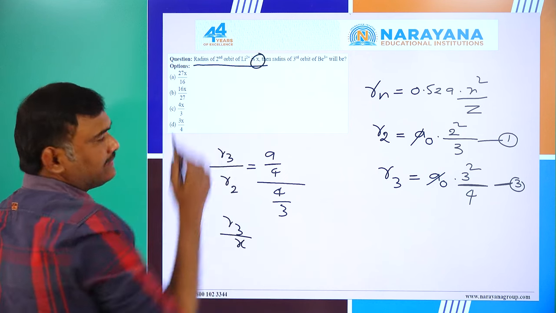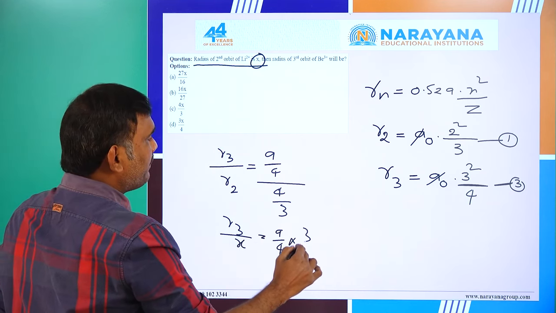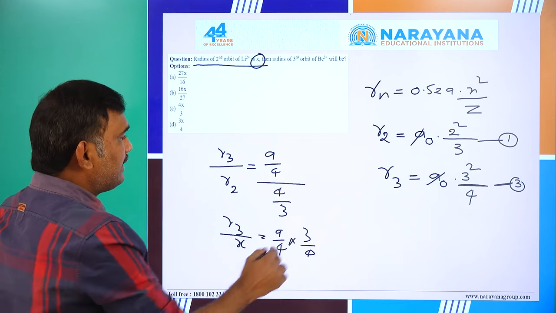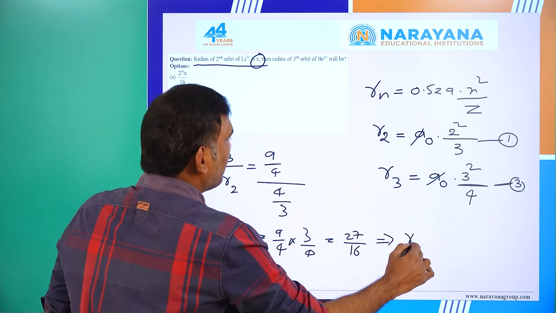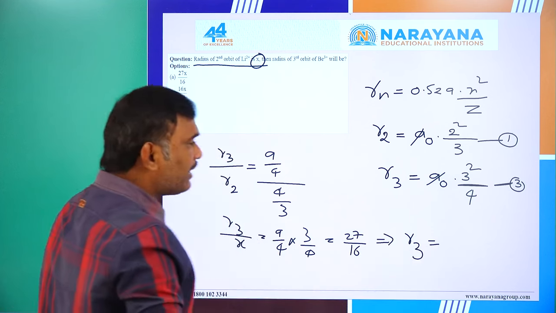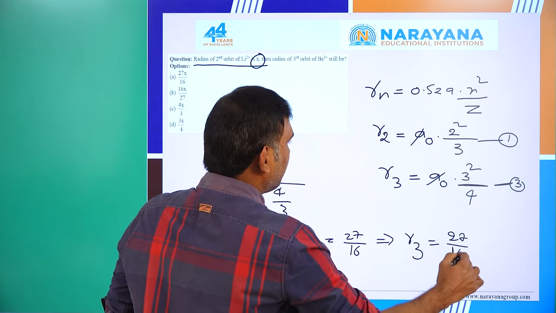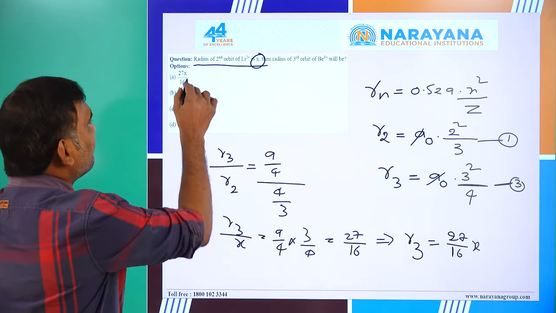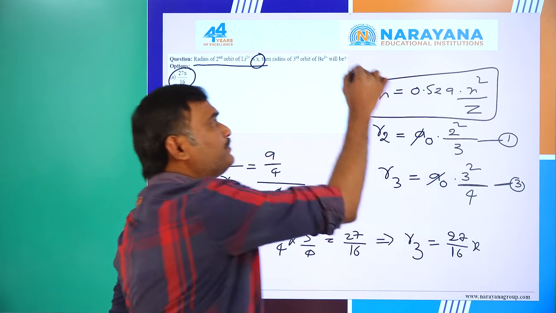So R3 by x is equal to 9 by 4 into 3 by 4, that is 27 by 16. That means the radius of the third orbit of Be³⁺ is equal to 27 by 16 x.